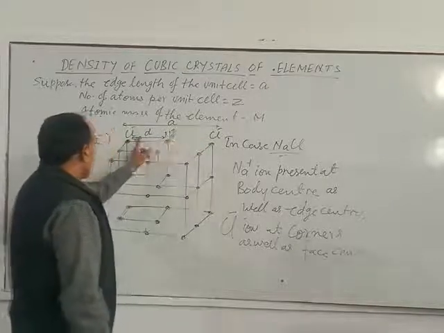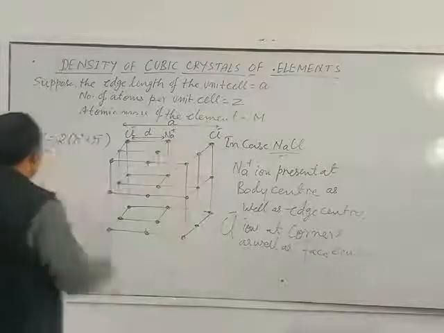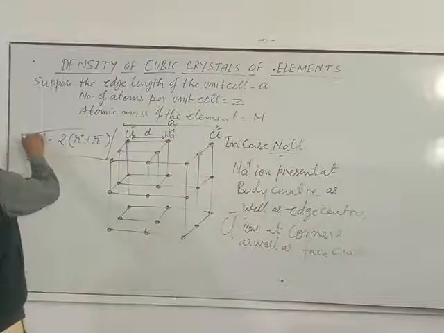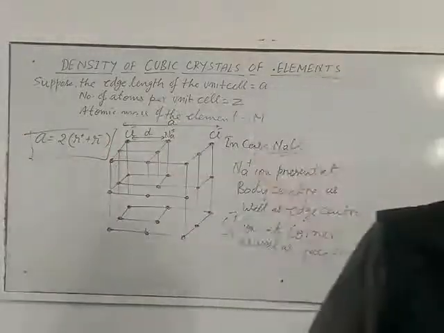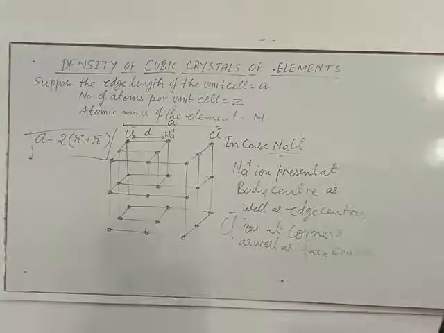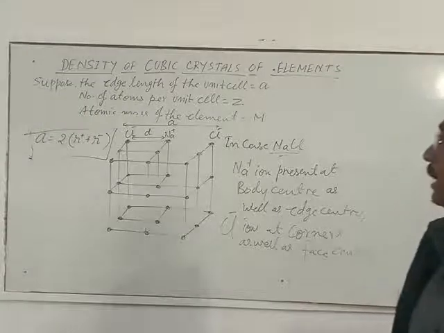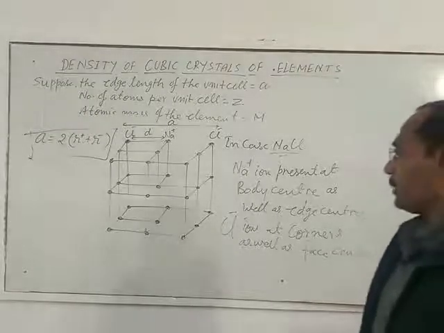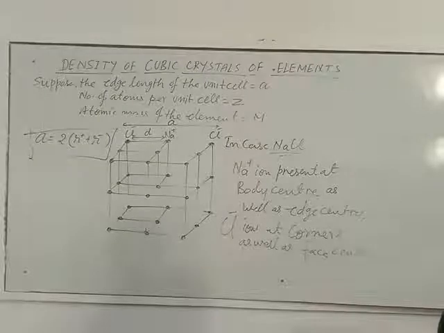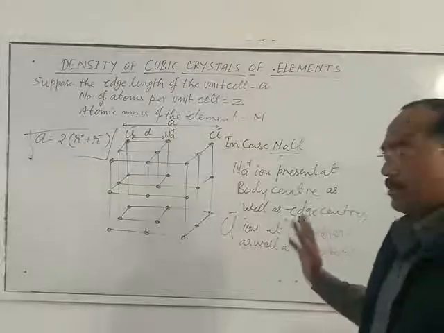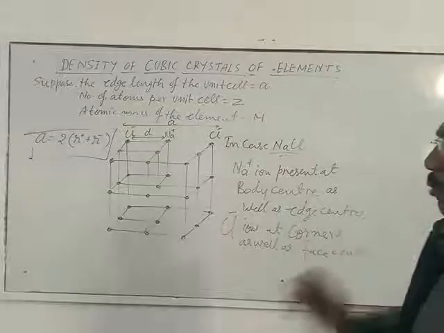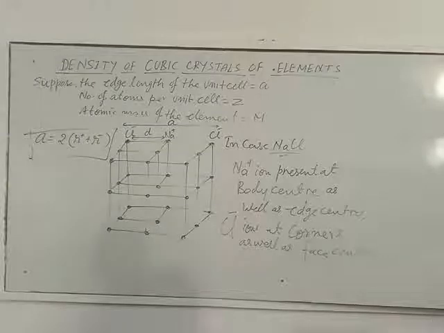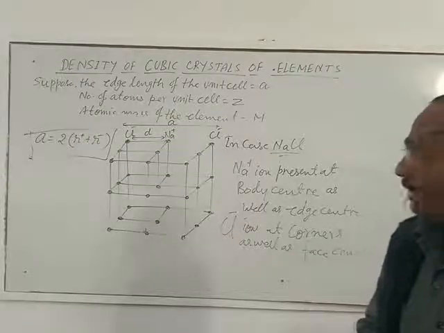Means 2 r negative plus 2 r positive. This is the value of a in case of rock salt structure, NaCl structure, where r plus represents the radius of sodium ion and r minus represents the radius of chloride ion. So in case of rock salt structure or NaCl structure, edge length is equal to twice the radius of cation plus radius of anion.